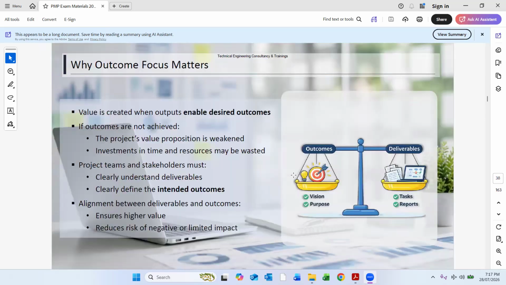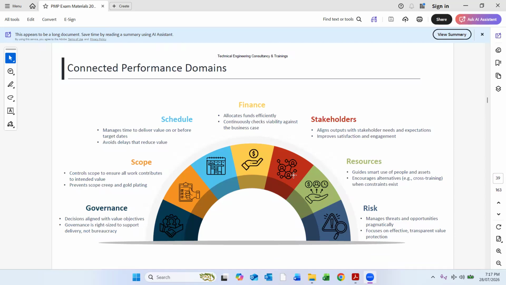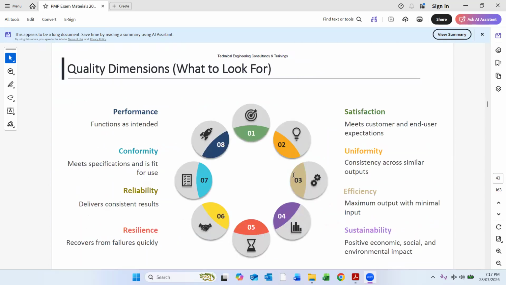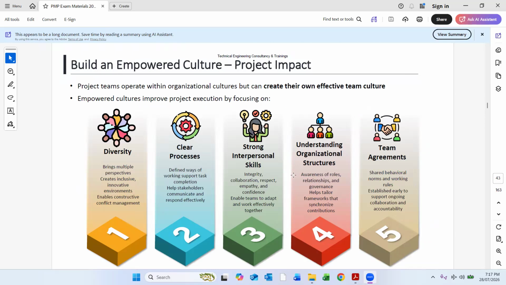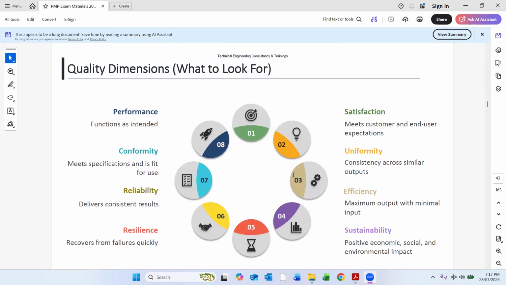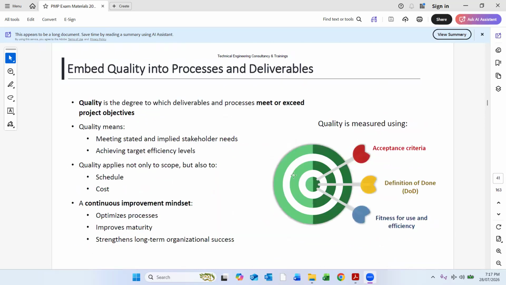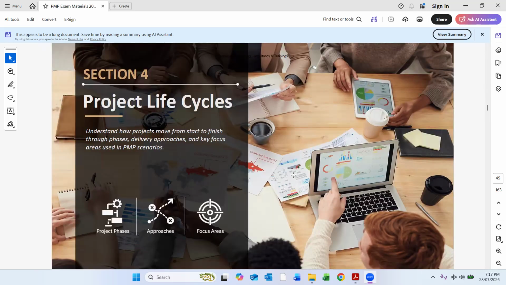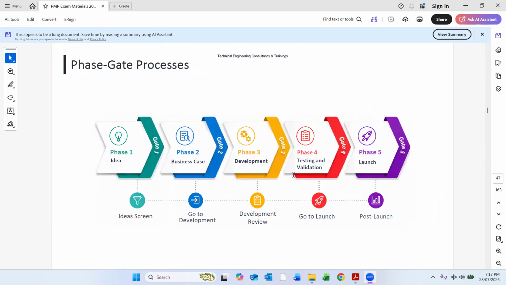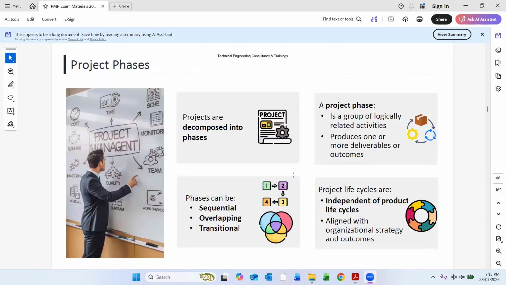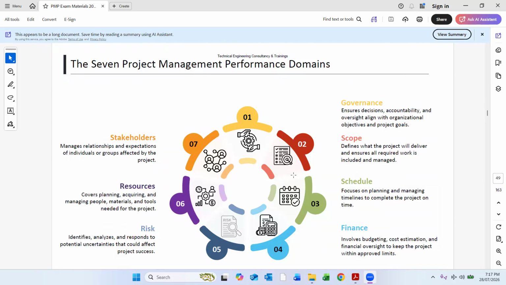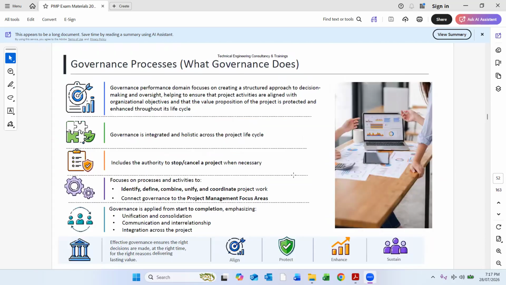I think we studied them in the previous slide, in the seventh edition. Yes, this is actually the same: initiation, planning, monitoring and controlling, closing. But okay, we will come back to this one.